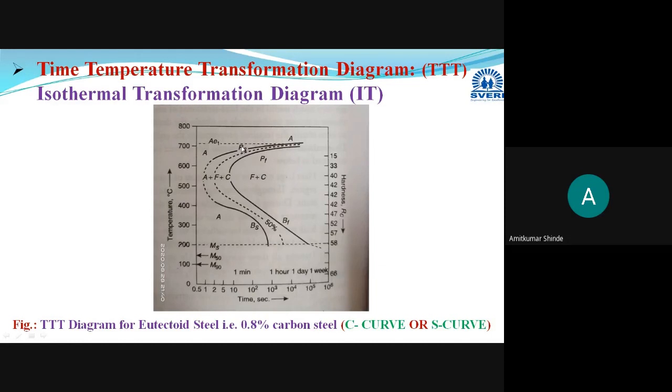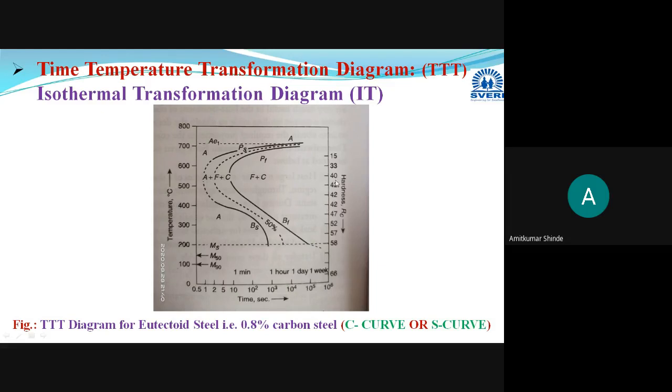The temperature at which pearlite transformation starts is indicated by PS, and the temperature at which pearlite transformation completes is indicated by PF. The same symbols are there for bainite: BS for transformation start and BF for transformation finish. Then for martensite, MS is the transformation start, and somewhere below this MF will be there, which is where the martensite transformation finishes.